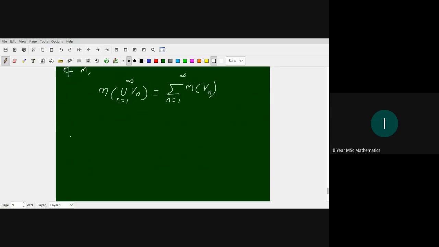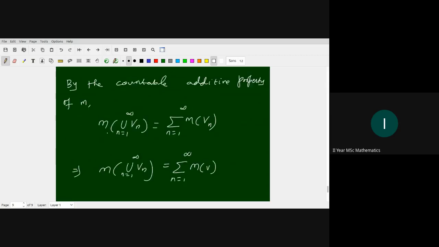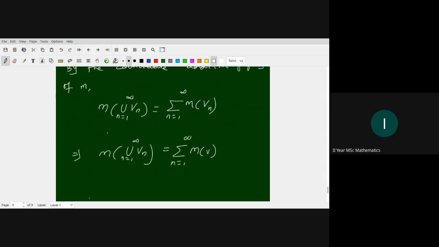So in the place of measure of En, we write measure of B because the measure is invariant under translation. So the measure of the union of Bn is the infinite sum of M of B.